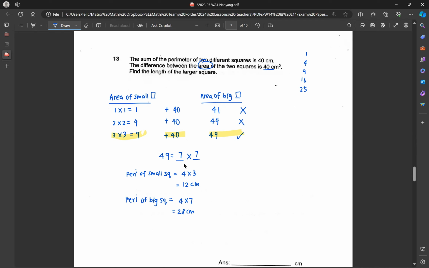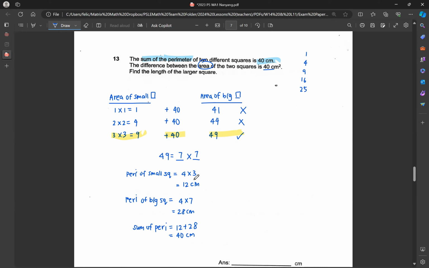Now let's check. We want the sum of perimeters. If you look back at this, the sum of perimeters will be 40 cm. So let's test that out. The sum of perimeters using the 12 and 28. If you check this, you realize that yes, indeed, it gives us a sum of 40 cm, which actually fulfills the condition here.